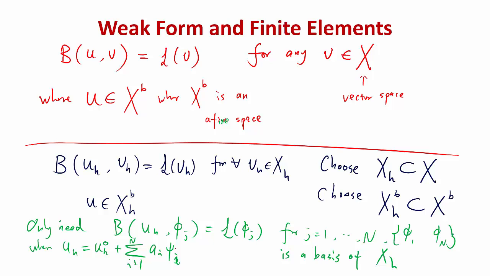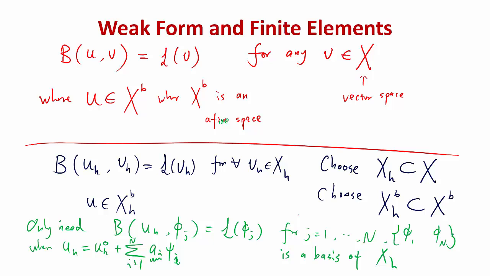If I have a u_h, I can get a bunch of a's. If I have a bunch of a's, I can get the unique u_h. So basically, I have n equations and n variables, and these are the variables, and these are the n equations. After I solve for the a's, I have a solution.